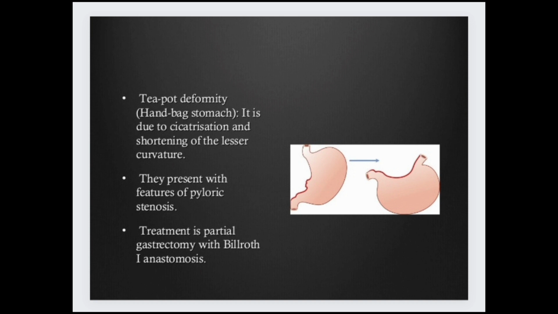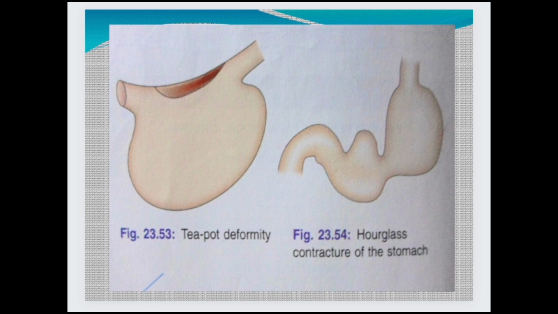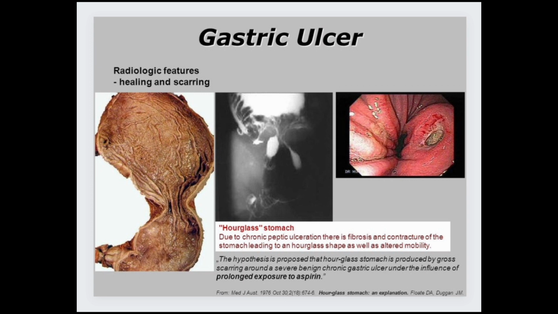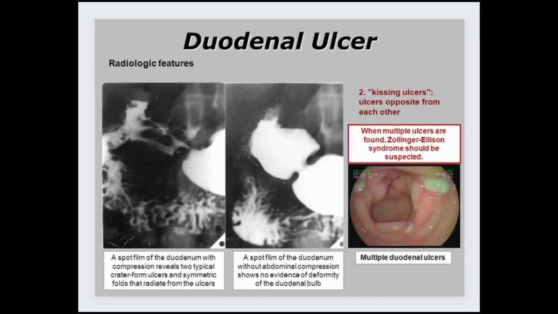Two main deformities which can be seen are teapot deformity and hourglass deformity. These both are seen in case of gastric ulcer. This is how they are seen. Now, in case of duodenal ulcer, there are kissing ulcers, ulcers which are opposite from each other.